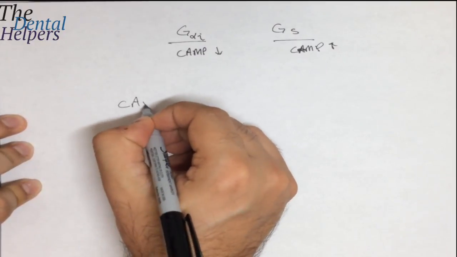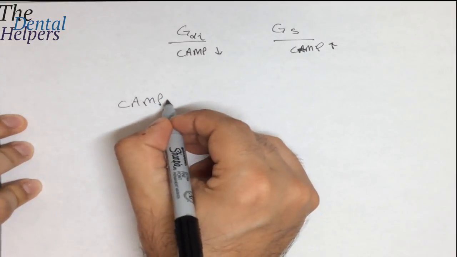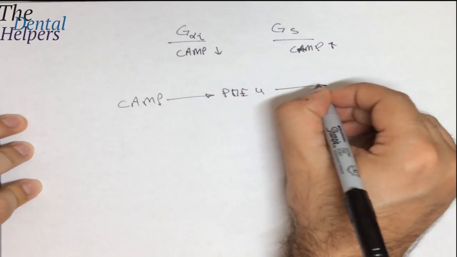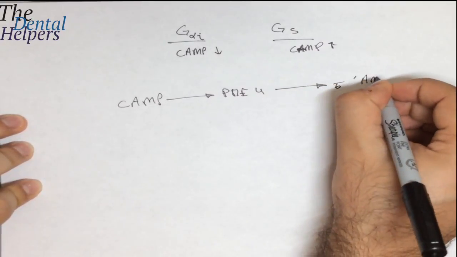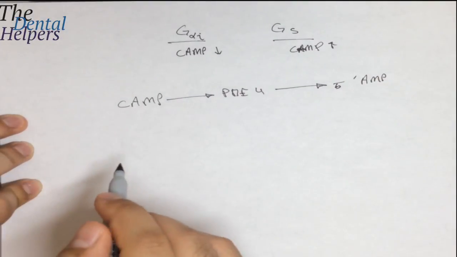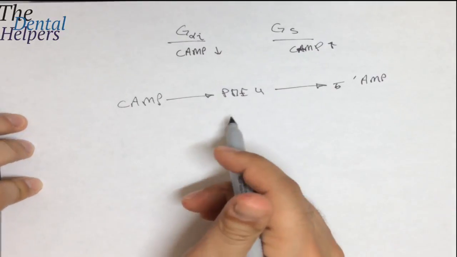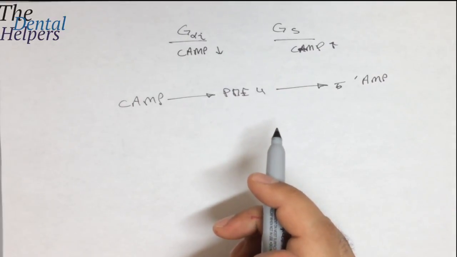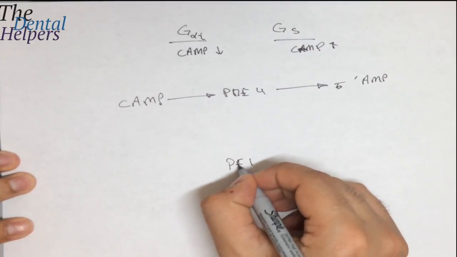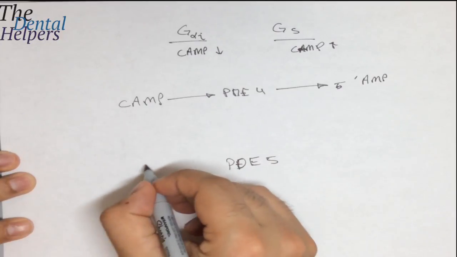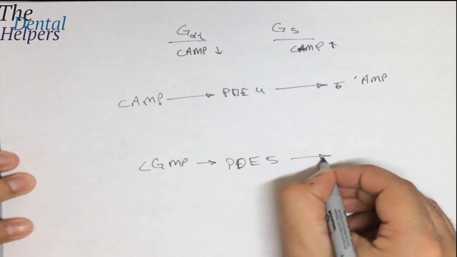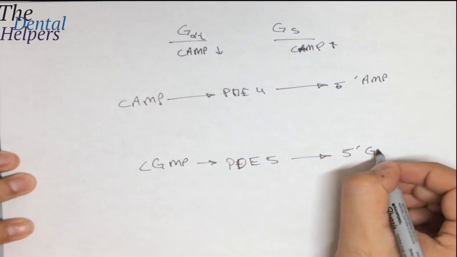So termination of the cAMP and cGMP pathways. If we have cAMP and we've made too much, we can use phosphodiesterase 4, which is going to convert it to 5' AMP. And this basically means that we're going to control and regulate the amount of cyclic AMP produced. We also have phosphodiesterase 5, which does the breakdown of cGMP to make our 5' GMP.